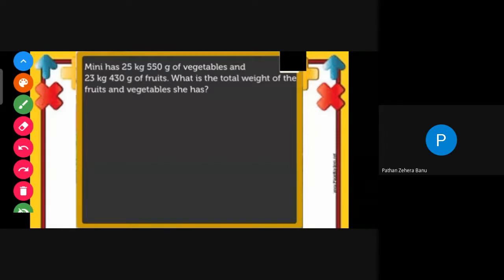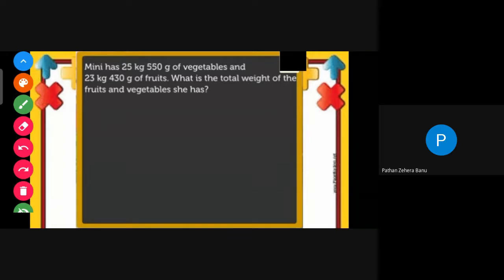Minnie has 25 kilogram 550 gram of vegetables and 23 kilogram 430 gram of fruits.